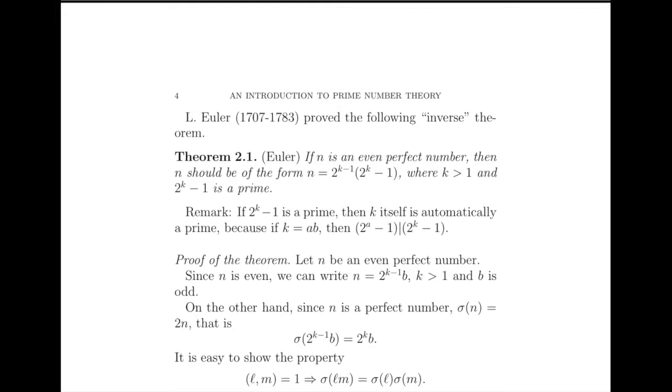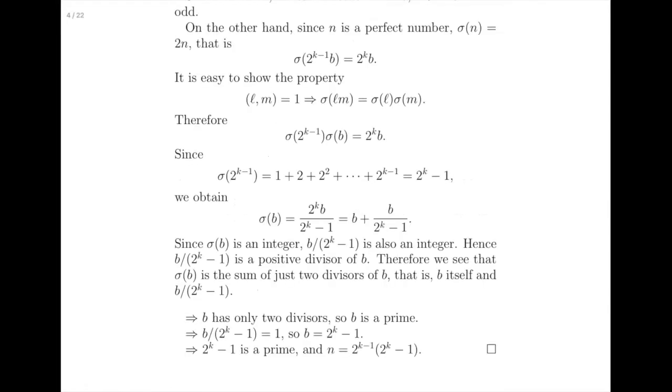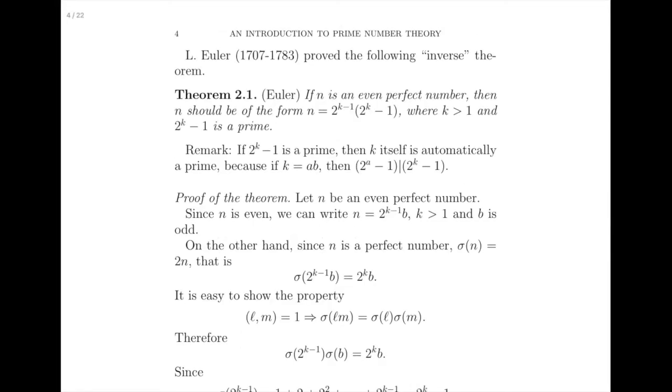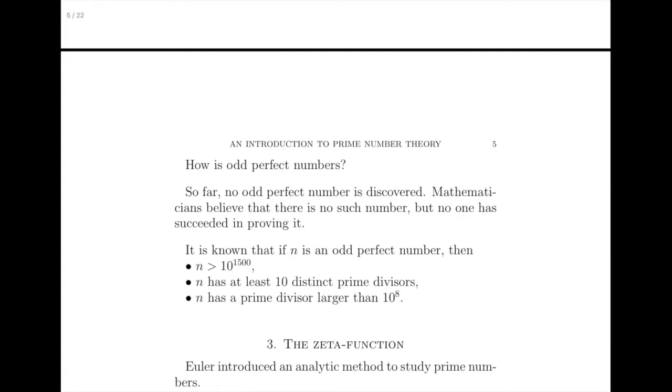Okay. So now with Euler's theorem, we know everything about even perfect numbers. But then how about the odd perfect numbers? Actually here we know very little. So far no odd perfect numbers are known.